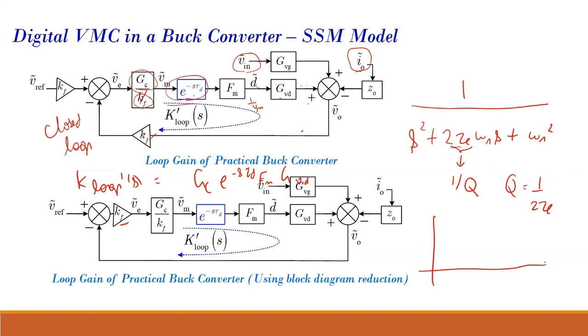Basically, what your quality factor determines is in your Bode plot. This is your Bode plot. This extra peak is because of the quality factor. If the quality factor is high, then this peak will further increase, more and more. If the quality factor is not that high, it will go like this. This is basically the quality factor.